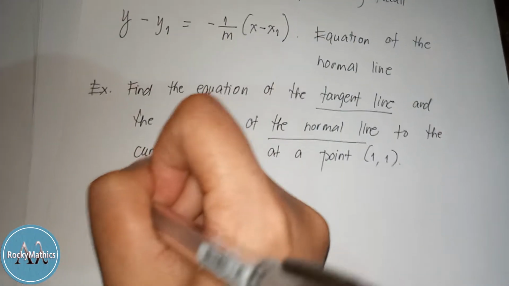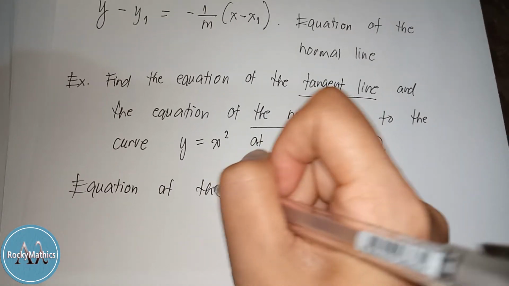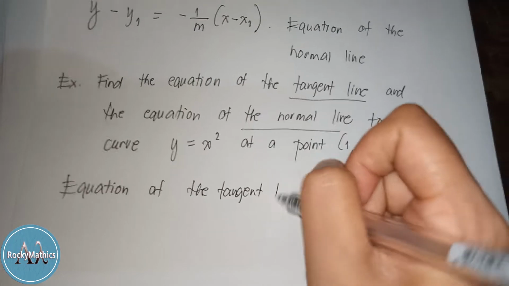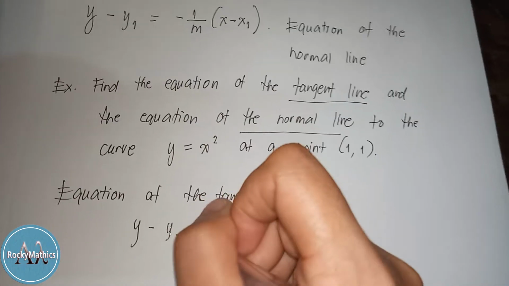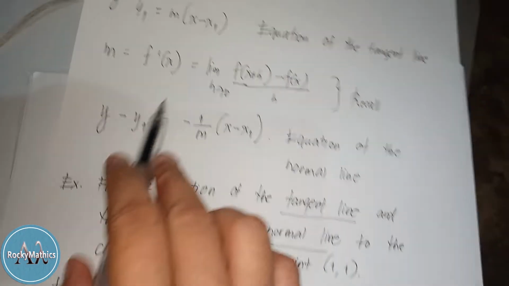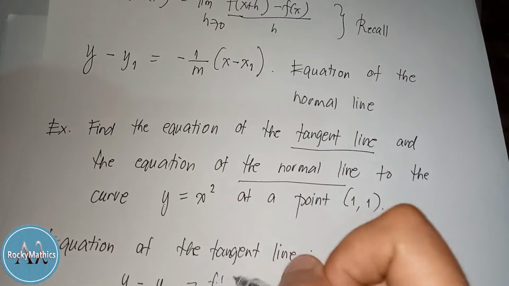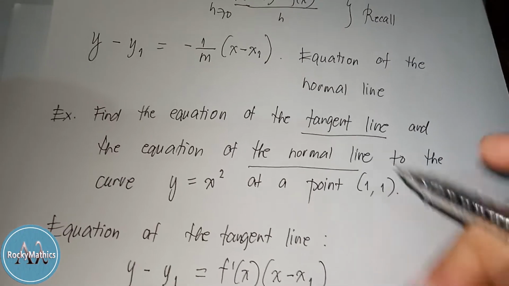So for the equation of the tangent line, we have y minus y sub 1 is equal to m, where m here is actually the derivative. So we can have f prime of x times x minus x sub 1.